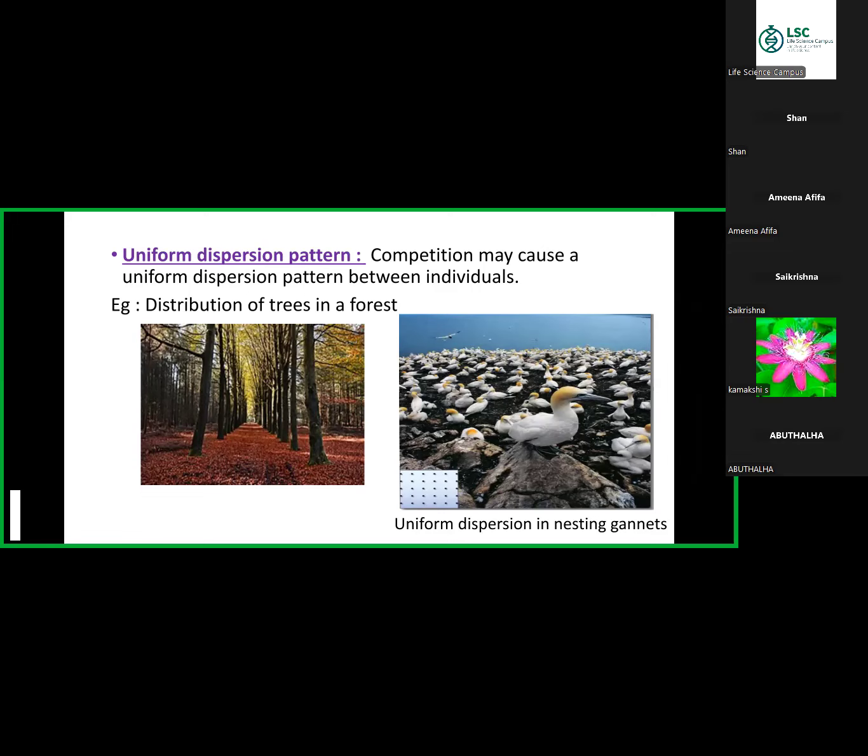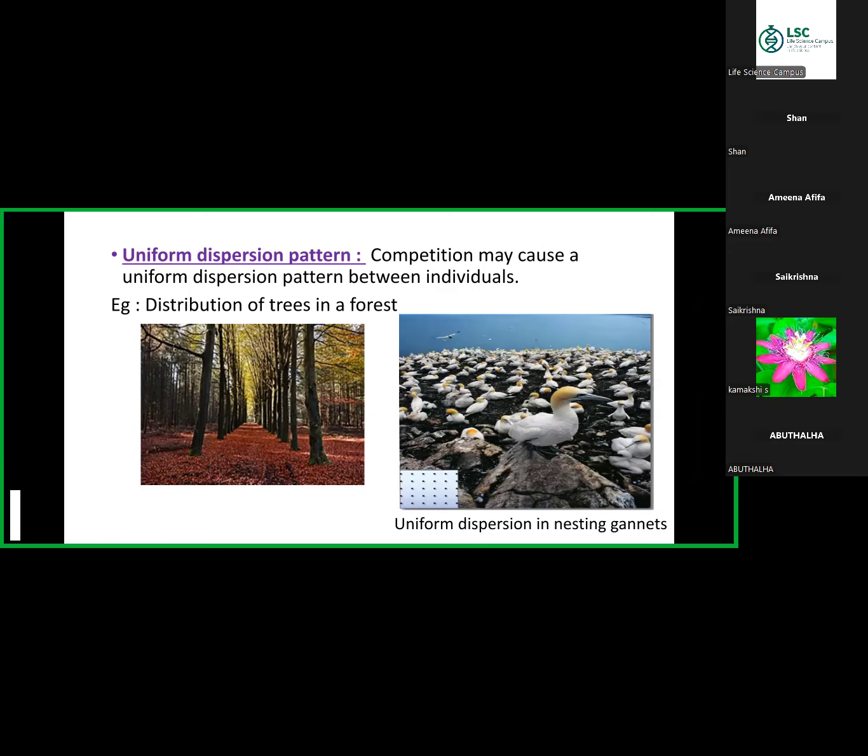In the case of nesting gannets that you can see in the second figure, there is also a competition. So they will exhibit a uniform dispersion pattern. In order to avoid that competition, they themselves arrange or keep a distance from each other.